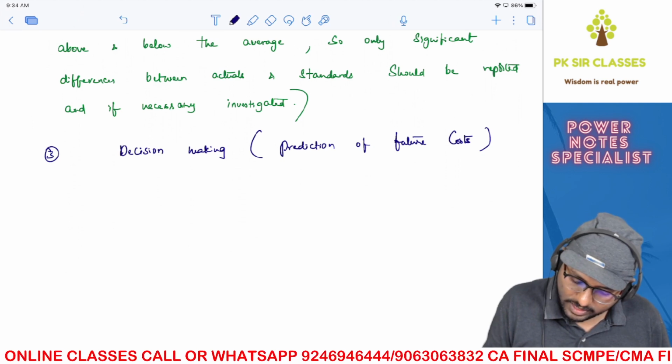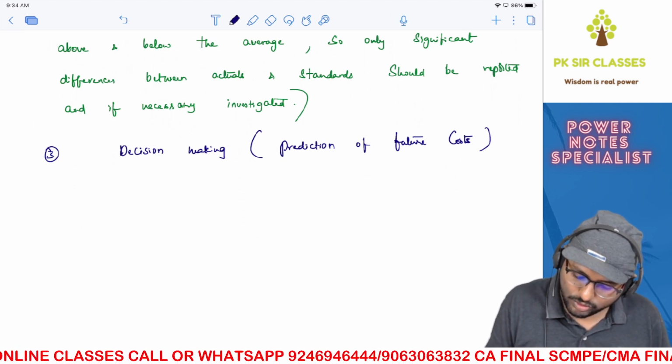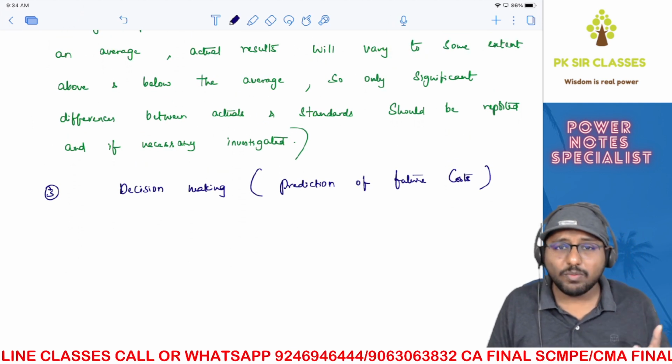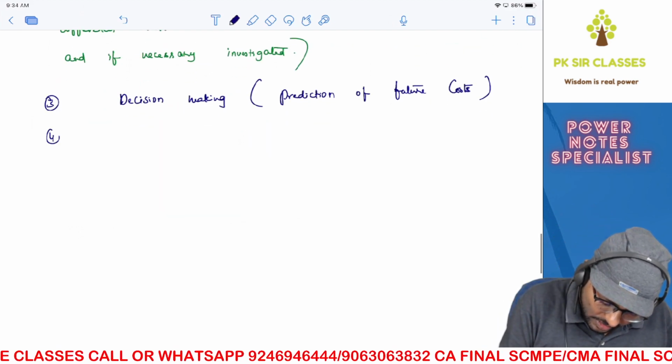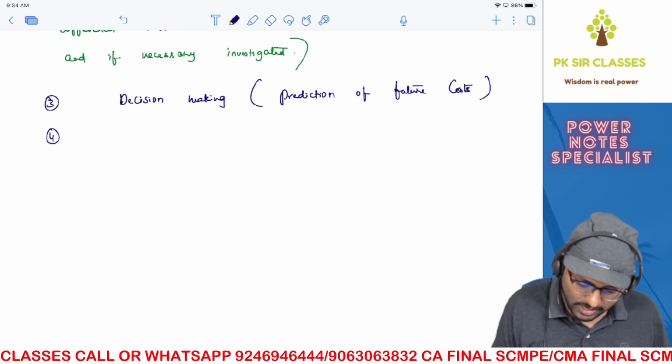And while taking decisions, obviously prediction of future cost is so important because without predicting the future cost, there is no question of taking a decision. So therefore, we can say standard costing is also useful for decision making.